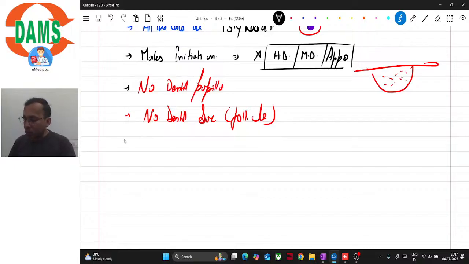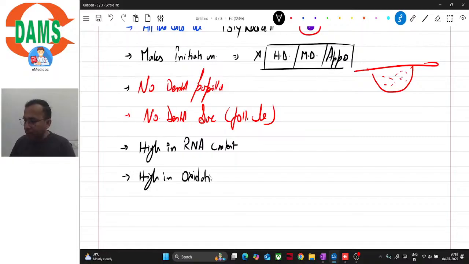So what is the characteristic feature of these cells? First, they are polyhedral, with no histodifferentiation and no morphodifferentiation. Also they are high in RNA content, and high in oxidative enzyme activity. So they are soon going to proliferate.